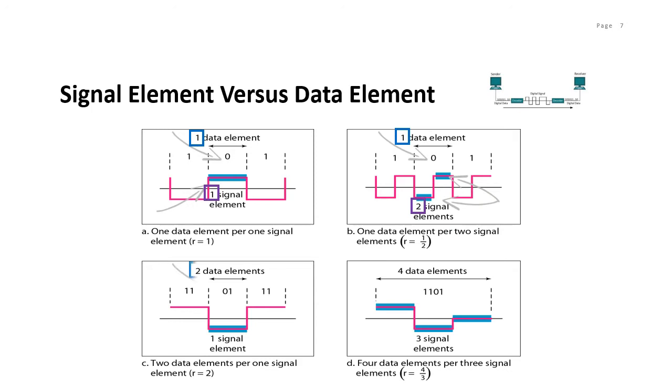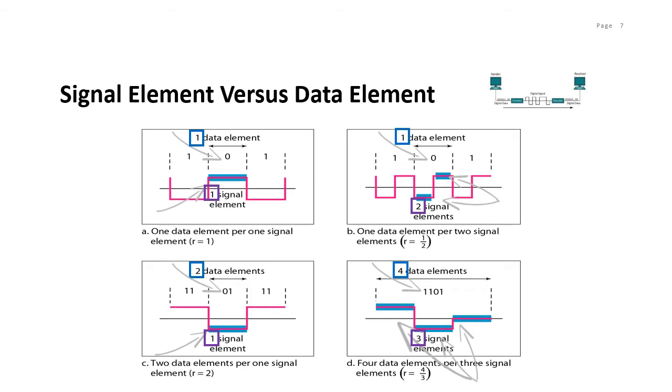In case C, we can see that two data elements are being carried by one signal element, and 2 divided by 1 you get 2. And in case D, a group of 4 bits is being carried by a group of 3 signal elements. So from here you can calculate R, the number of data elements carried by each signal element, equals 4 over 3.